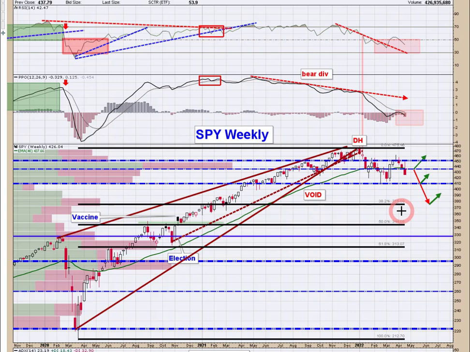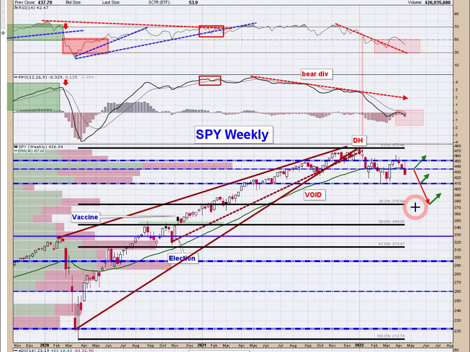And we always trade level to level, so there's no need to speculate about doomsday down here at a 50% or 618 retracement level until we get here. So just go level to level. But I think if we break the February, March lows, then you've got to be open to a move down into 380.